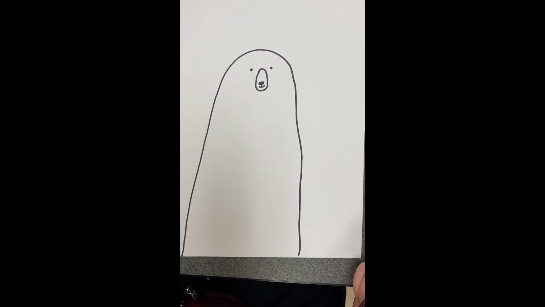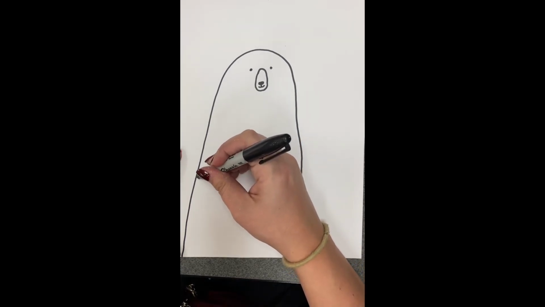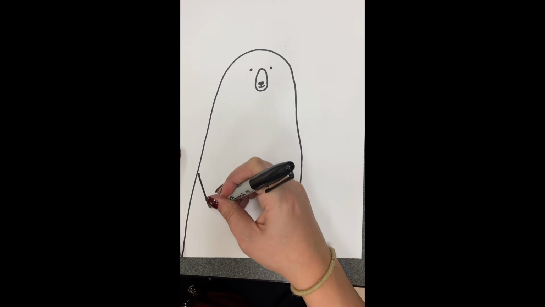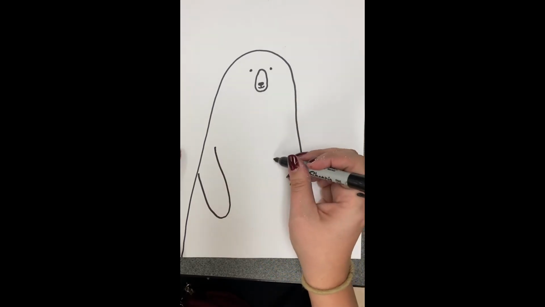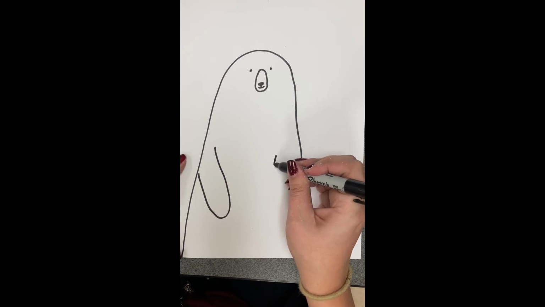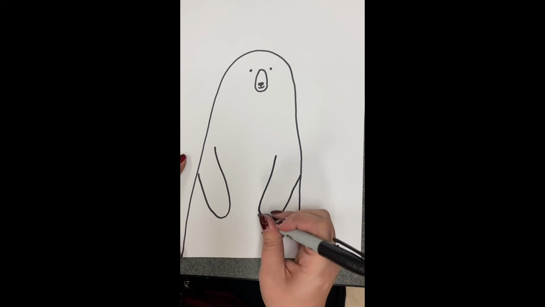Those are going to be just 2 little U shapes again. So I'm going to start on one side about in the middle, and I'm going to draw like a big U, and I'm going to do another one on this side. And since he's a polar bear, we gotta give him some little claws.